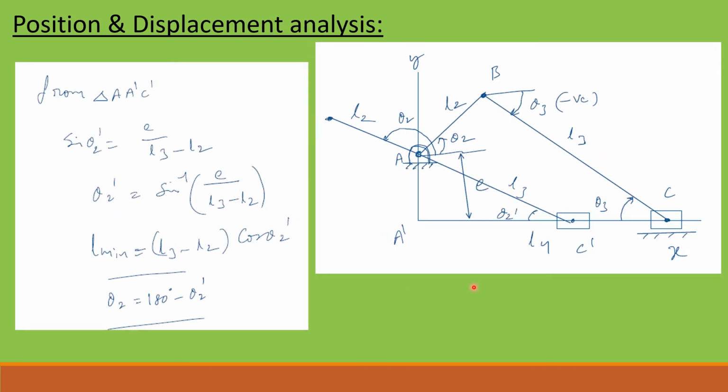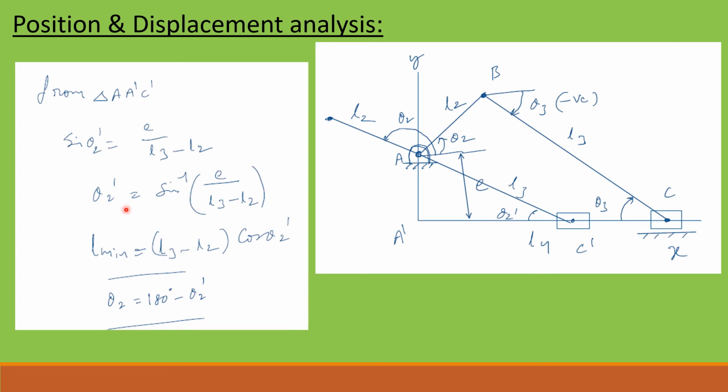Now let us find equations for L4 minimum and its corresponding angle theta 2. So L4 minimum will occur when crank and coupler are in line but L2 is in the opposite direction. So from this triangle again A prime and C prime, sin theta 2 prime can be written as e divided by (L3 minus L2).